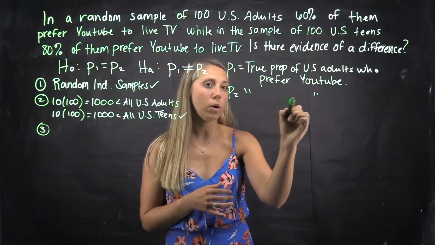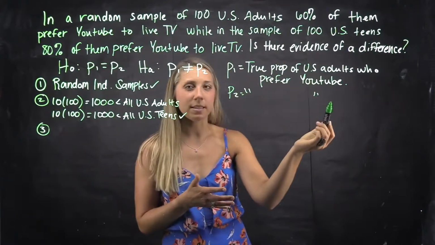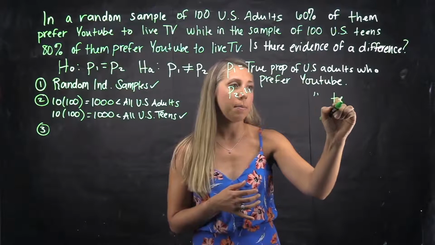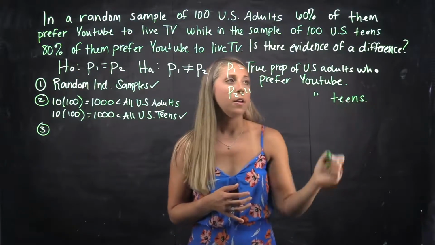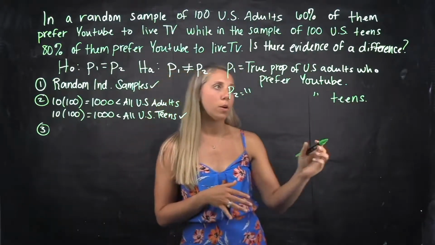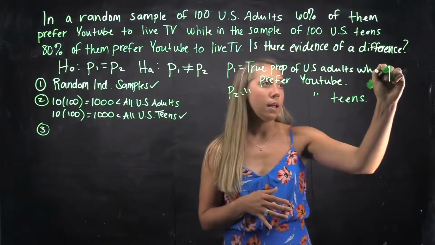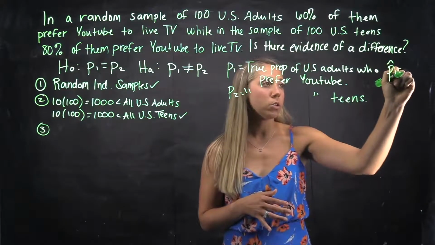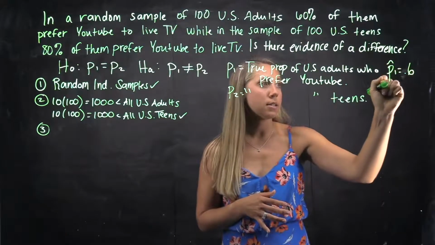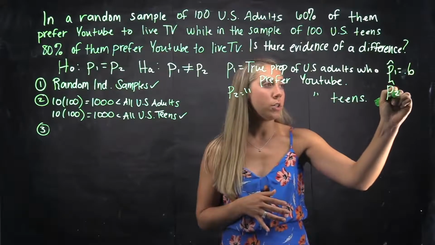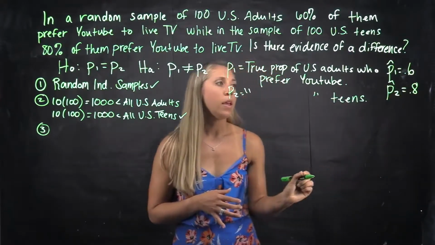So I'm going to put some quotes because we're basically saying the same thing, but we're saying it about the teens. So if you recall from before, we set p hat 1 equal to 0.6 and p hat 2 equal to 0.8.